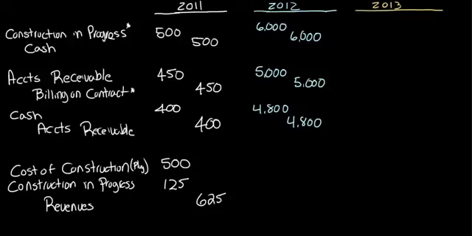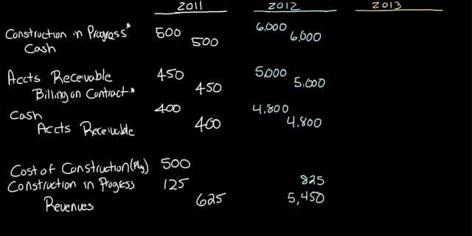So our revenues in the current year were $5,450. The profit we're going to recognize, where we're calling it construction in progress, $825.